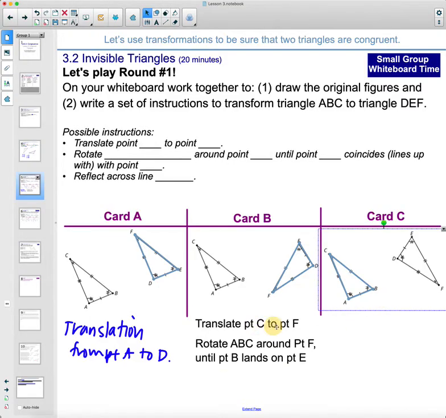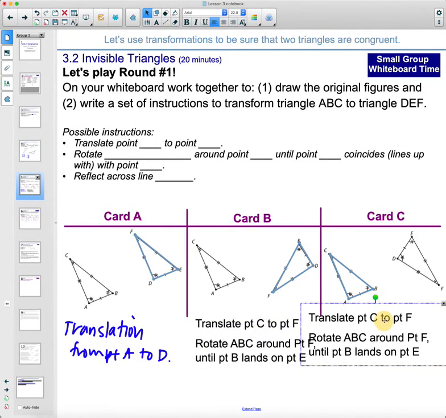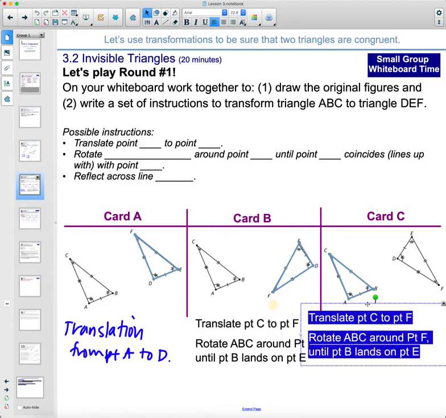So then we'll take a look at this third one. So first, again, they're not touching, so I'm going to move 1 point onto its corresponding part.